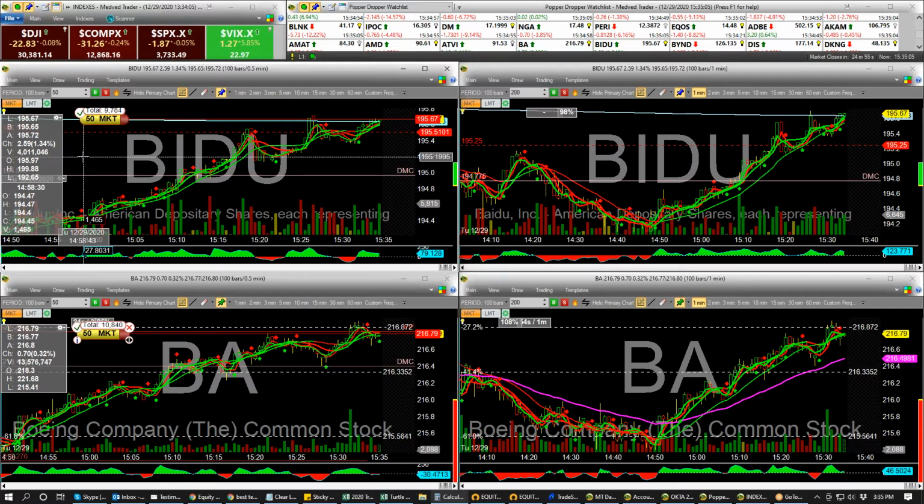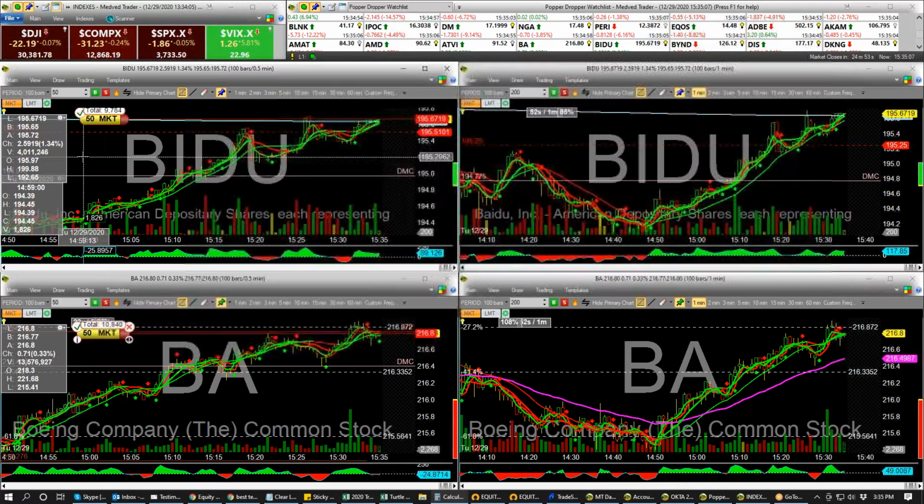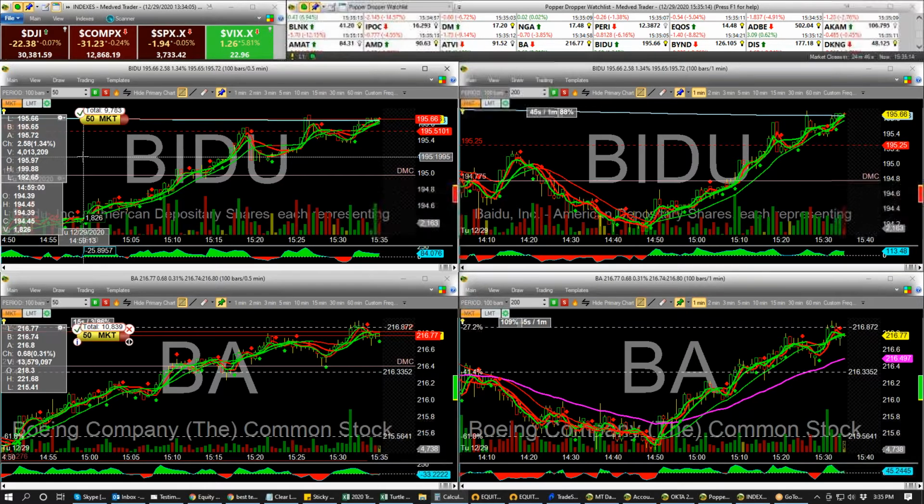That 1 minute's about to cross down under to red. We got a down arrow, but now we got an up arrow on BA on the half. Don't have anything on the Baidu yet. Back to an up arrow. Got a down arrow on the 1, so a little mix on the signals. Both of them are still showing a little weakness on the 8.